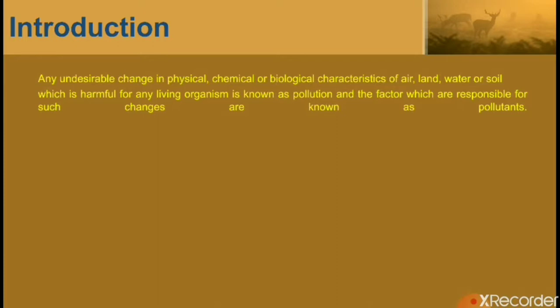And the factors which are responsible for such changes are known as pollutants. Pollutants can be classified into different categories on the basis of their nature. For example, some major air pollutants are the suspended particulate matter present in the air and the gaseous pollutants.